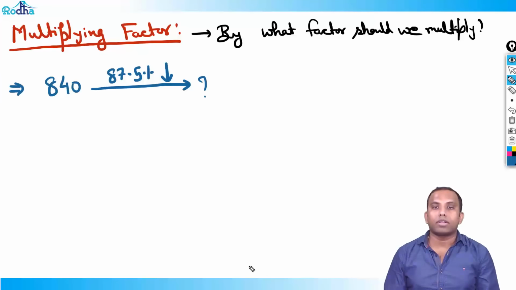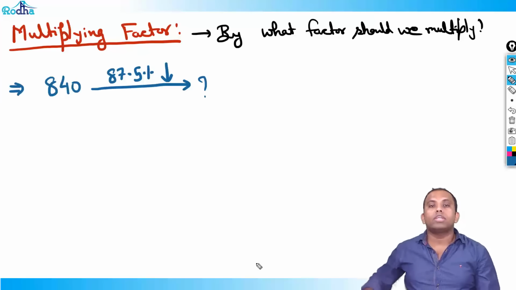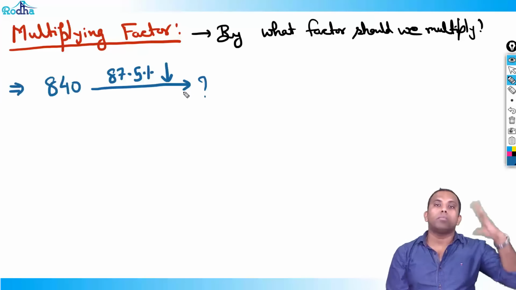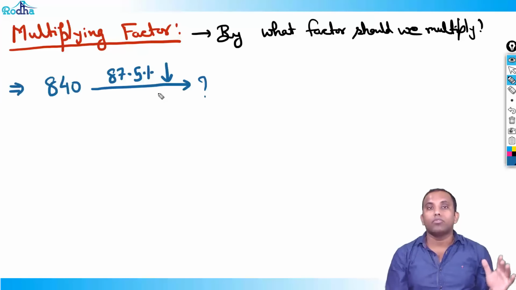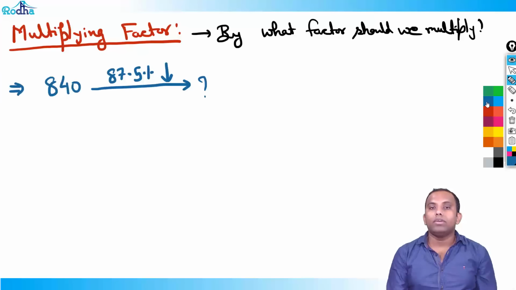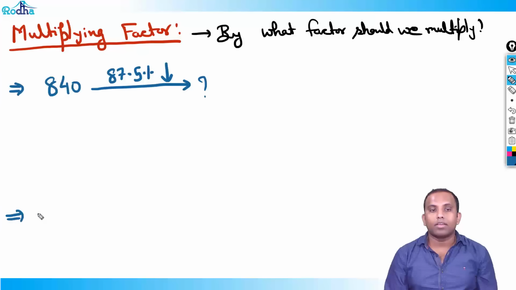Multiplying factor is basically one step up. One step up means while solving, we can do that one step in mind and directly write and get the answer. It will be faster if you understand this, right? See, what is multiplying factor now? If I solve for 87.5%, let's say a number is x.